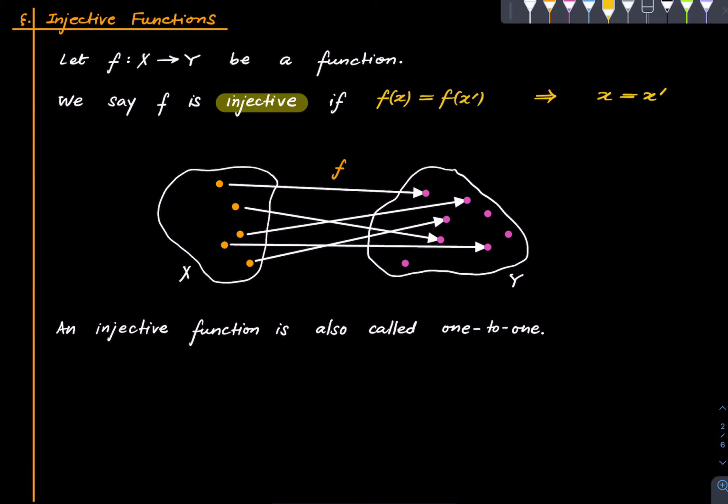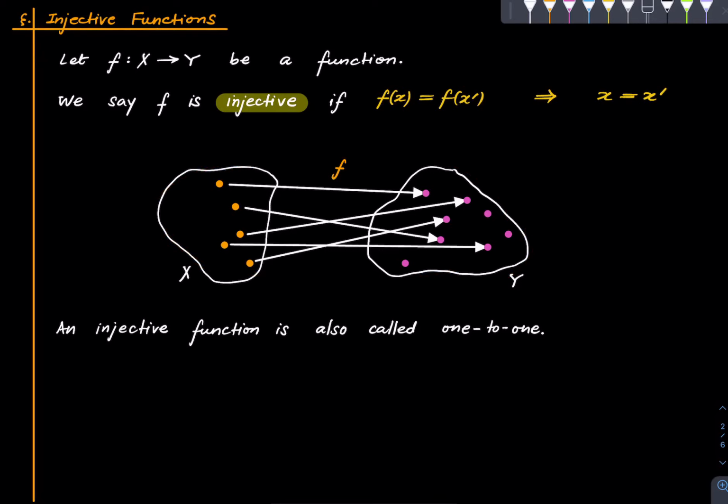What it's trying to say is that two different inputs cannot give the same output. Whenever you see that two inputs give the same output, actually the two inputs must be the same. Here is a pictorial way to look at it.